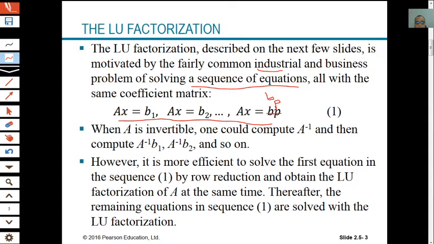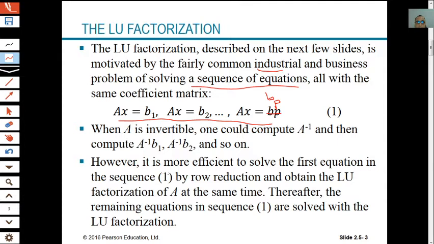To solve for x in each one will be very easy by using the LU factorization of the matrix A. When A is invertible, one could compute the inverse of the matrix and then compute these solutions.